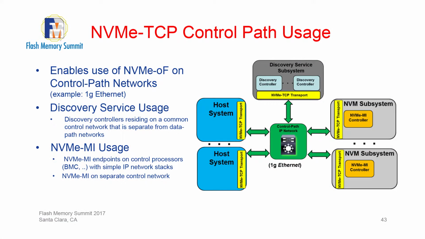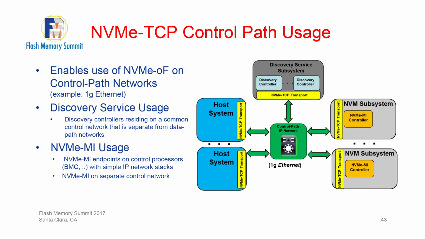Another usage model here is, as we're starting to build these NVMe over Fabrics networks, you may have heard Myron mention enclosure management, and there have been some other talks about enhancing the mechanisms for endpoint management on non-managed fabrics like IP fabrics, and also augmenting managed fabrics. One of the things here is we wanted to enable NVMe over Fabrics in-band operations on control path networks.